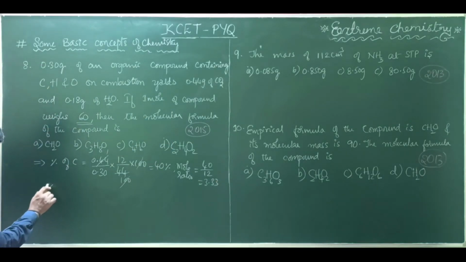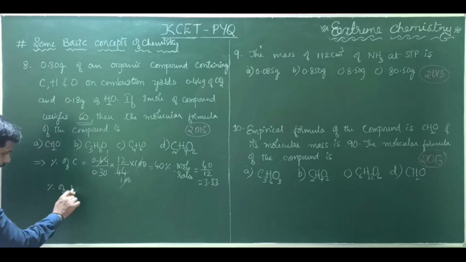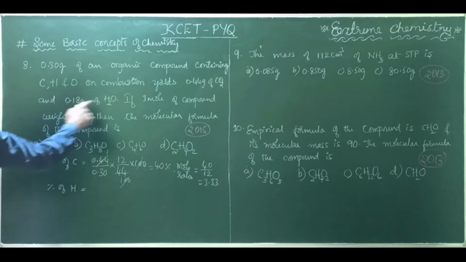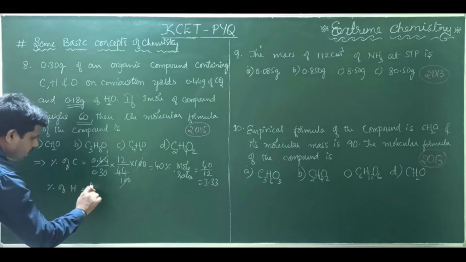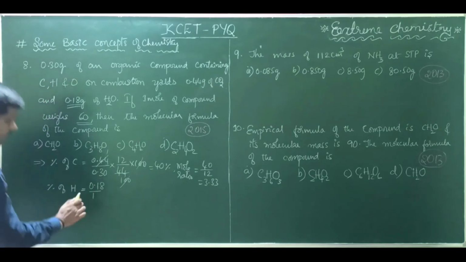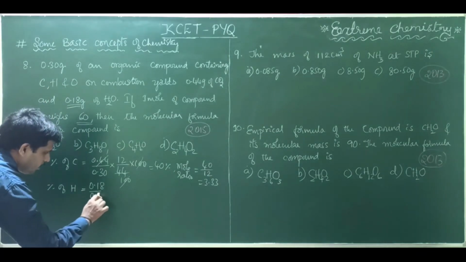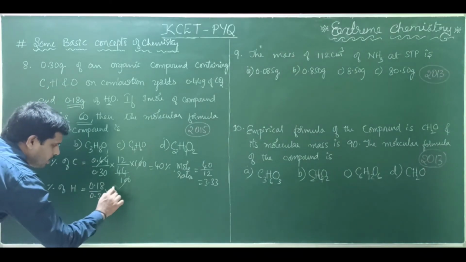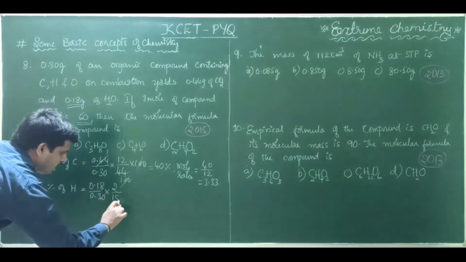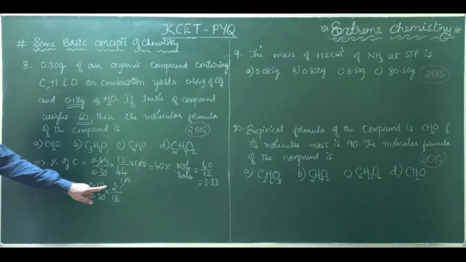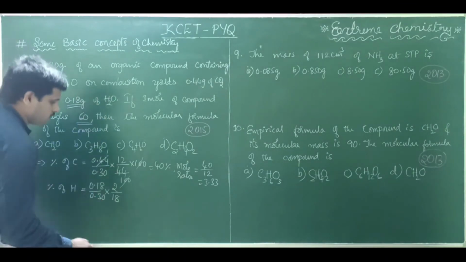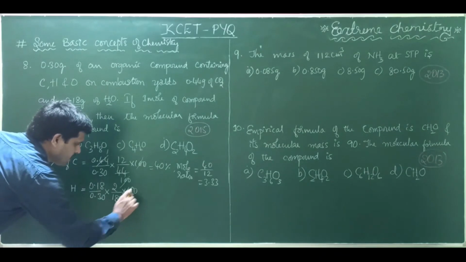What about the percentage of hydrogen, and thereby its mole ratio? Percentage of hydrogen is equal to, I have 0.18 gram, so let me write 0.18, and I have 0.30 gram of the organic compound, times, every 2 gram of hydrogen in water, so total it will be 18 gram of water. So mass of hydrogen divided by total mass of water, times 100, will be its percentage.